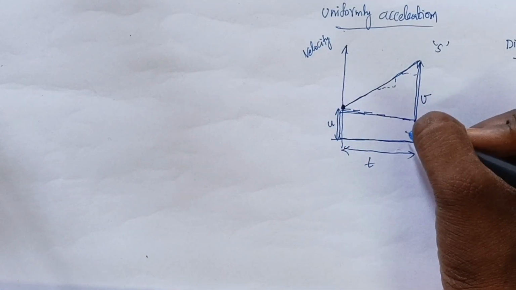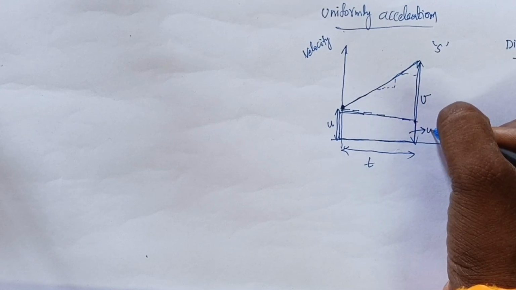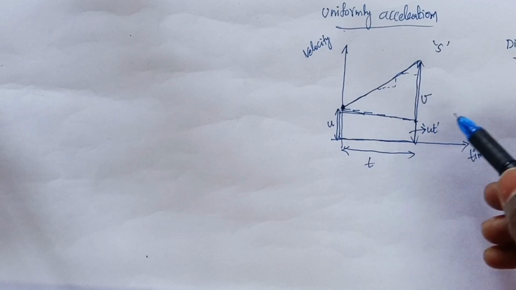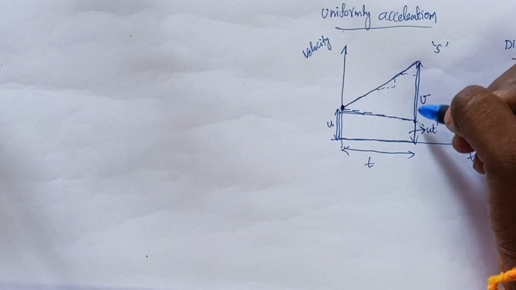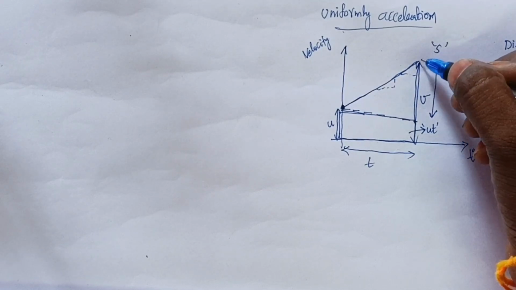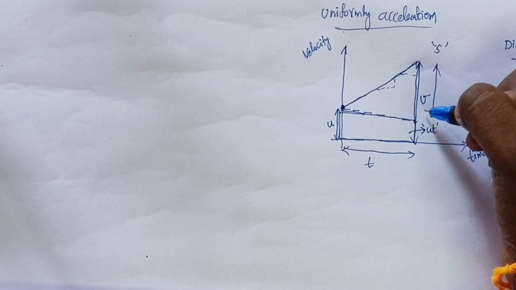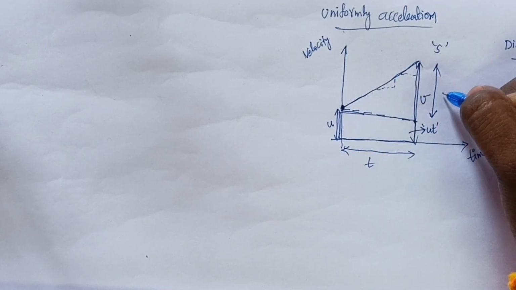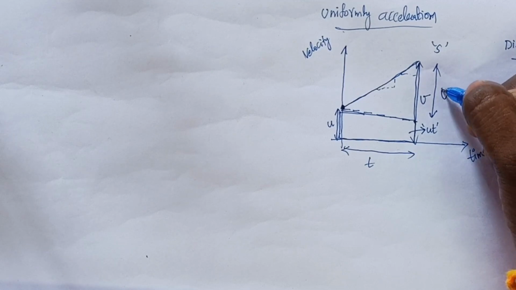So the area of this rectangular region is u times t, because for a rectangle, the area is length times breadth. For the triangle, the total height is v and this height is u, so the height of the triangle will be v minus u.